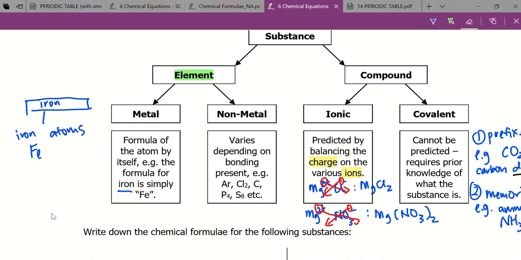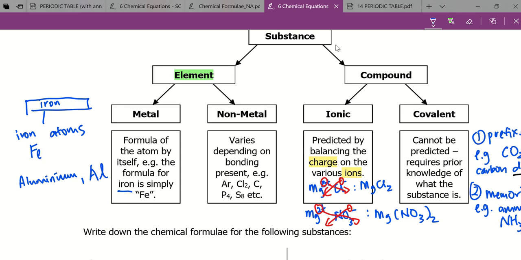So just if let's say I've got aluminium, and the question tells you aluminium foil, the formula will just be the symbol Al. Okay, for metals, it is very straightforward. You just have to use the formula in the chemical, what you see in the periodic table.